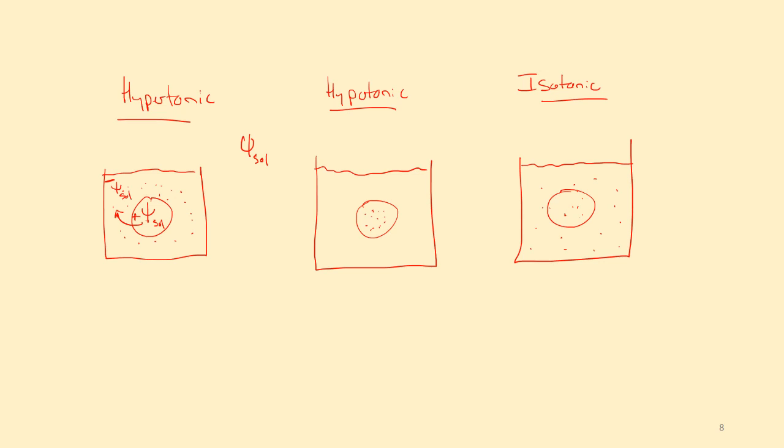And just the opposite would be found here. I'm just going to write the psi symbol now. You'd have a lower there, higher here. So you have a higher concentration of water there. And then they'd be even, so they'd both be at 0. So they wouldn't change.